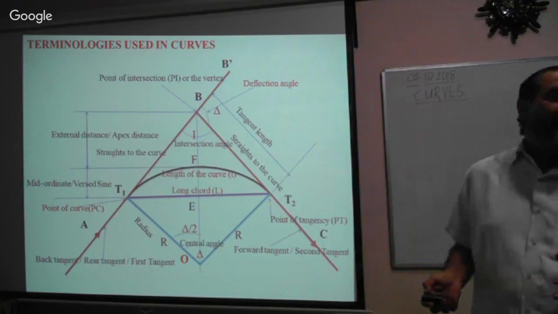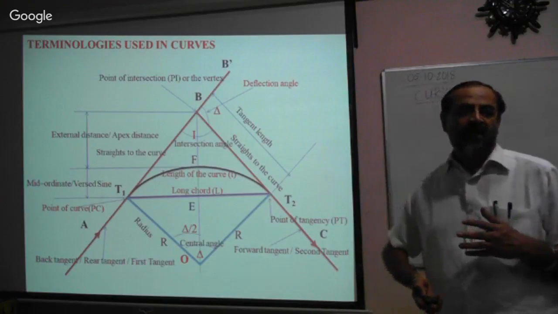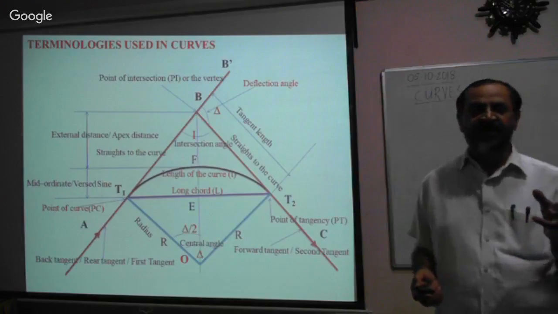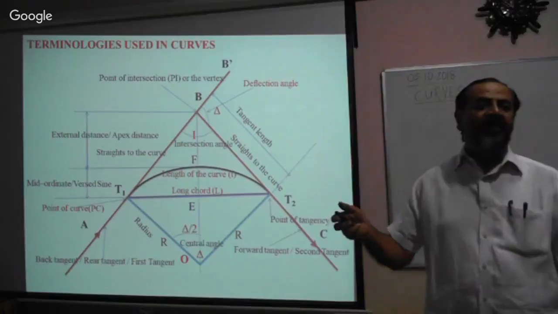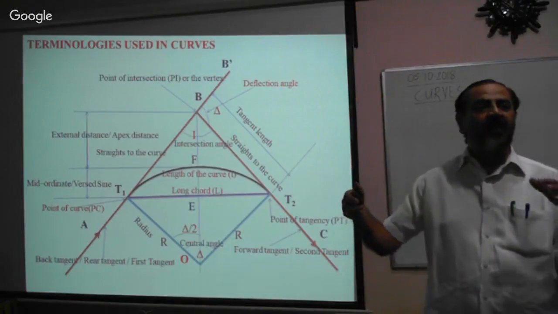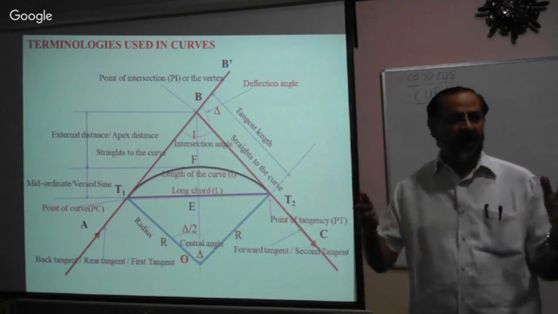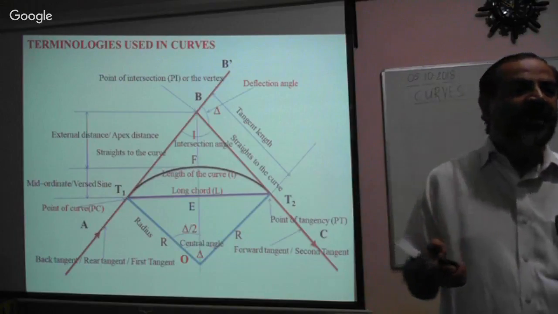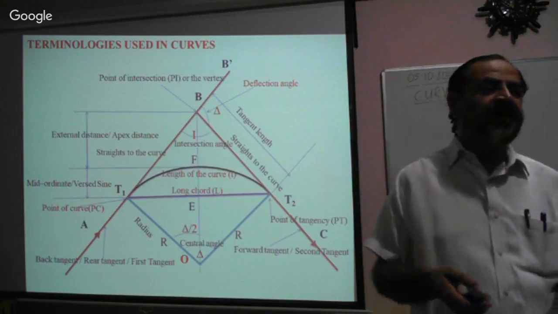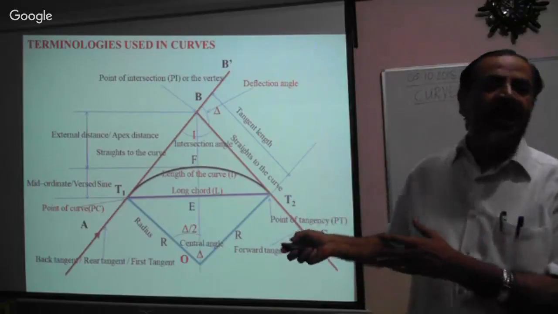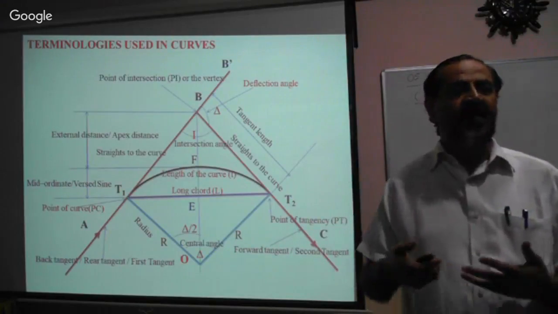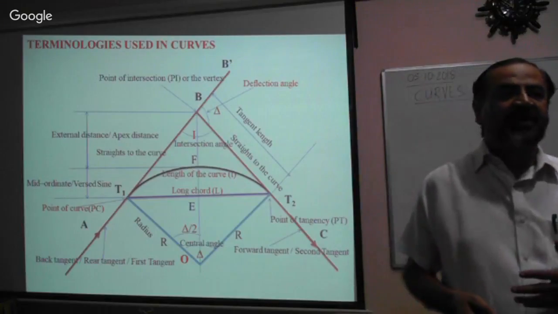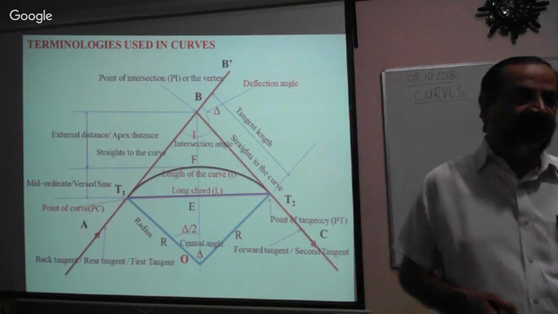Now, there is no ready data available with the MOST, Ministry of Surface Transport. Depending upon the type of the road, the topography, the width of the road, and the speed of the vehicle, ready curves are available. The ready data, the number of types of curves, is available with the MOST, that is the Ministry of Surface Transport and Highways, National Highways.